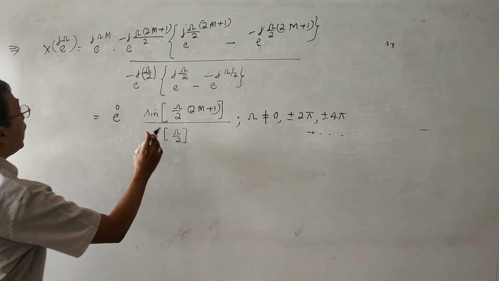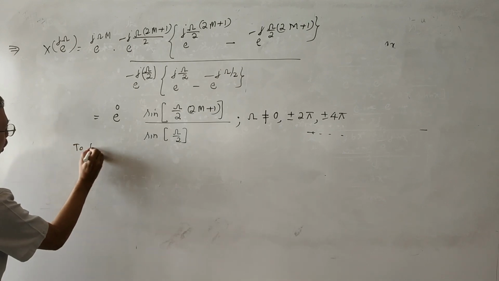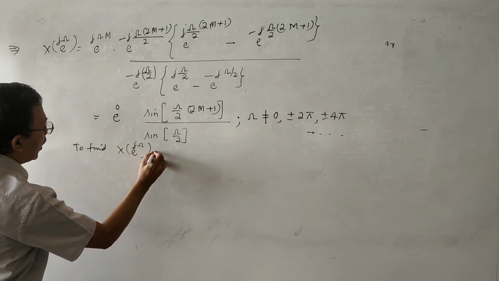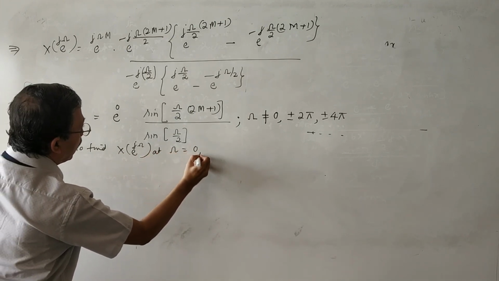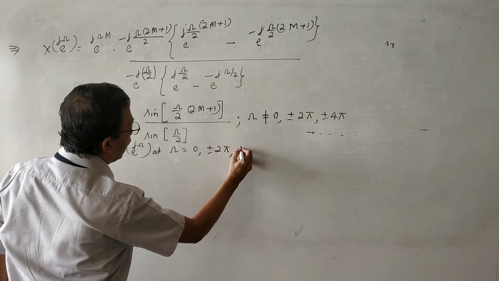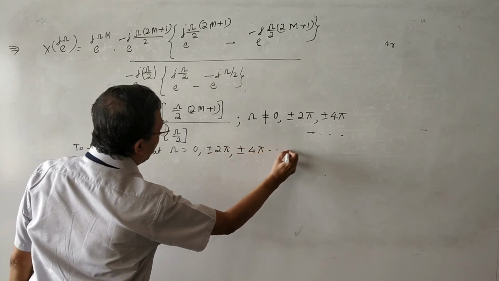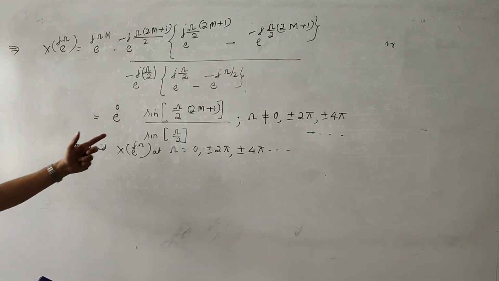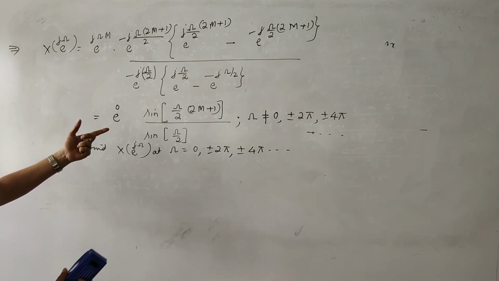Now how to find X of e to the power j omega at omega equal to 0, plus minus 2 pi, plus minus 4 pi and so on? We can use either L'Hospital's rule, or we can use the defining equation.